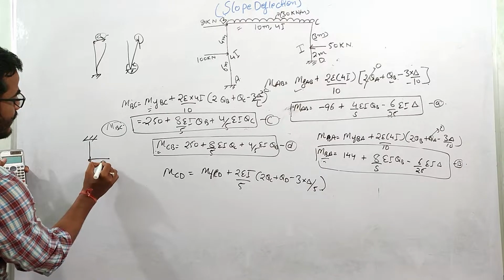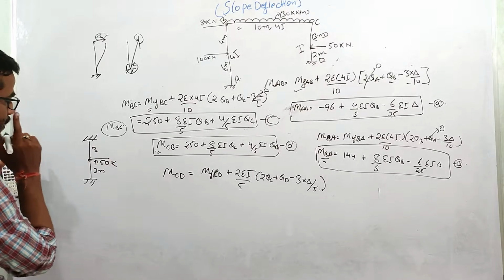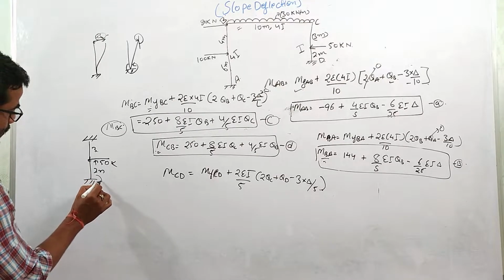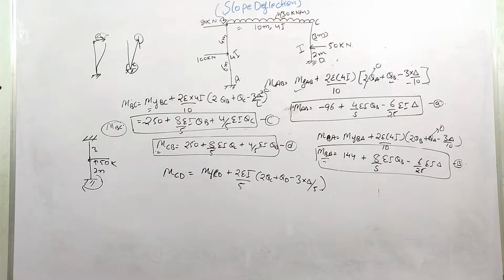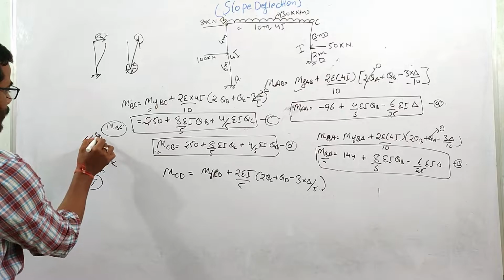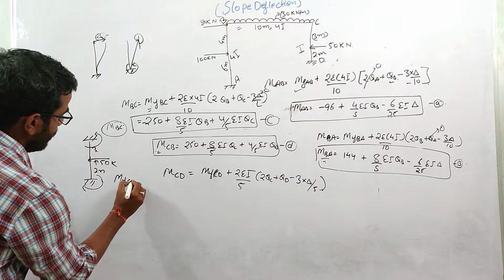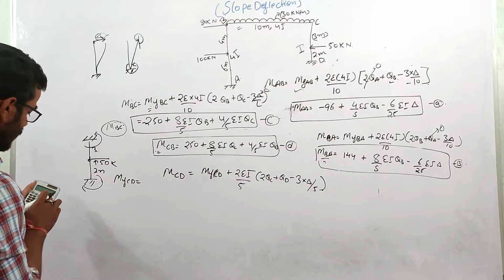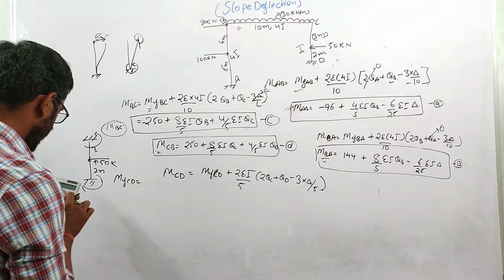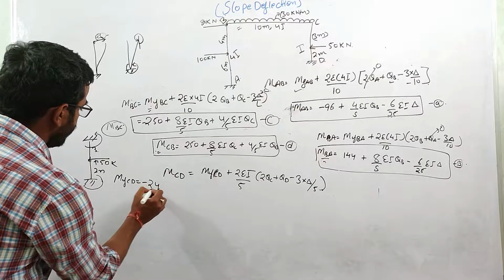This load is acting at this point, 50 kilonewton, and this distance is 2 meter, this is 3, right? So due to this, here it is clockwise and here it is anti-clockwise. So MFCD will be equal to minus 50 into 2 square into 3 divided by 5 square, so this value is minus 24.